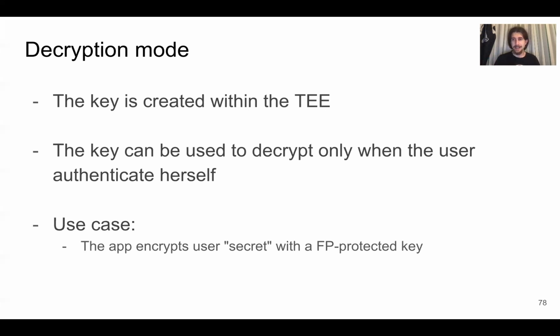So if an attacker is able to compromise the operating system and to read this encrypted secret, still he cannot do anything, because the only way to enable TrustZone to use the decryption key is for the user to put the fingerprint. Now, of course, if you convince the user to put the fingerprint, the attacker wins. But if you just steal the encrypted secret, you cannot do much.